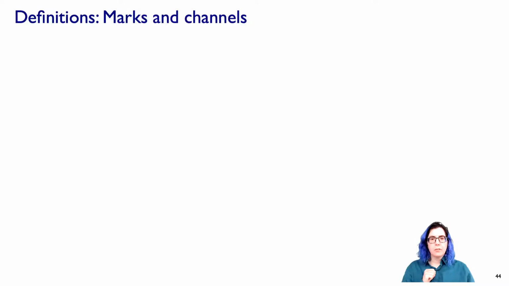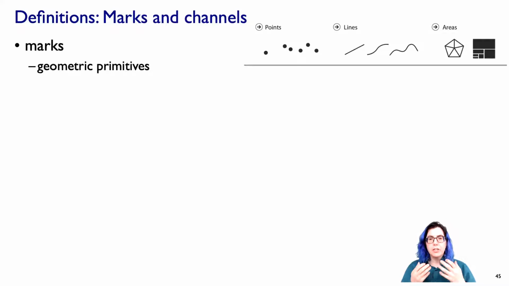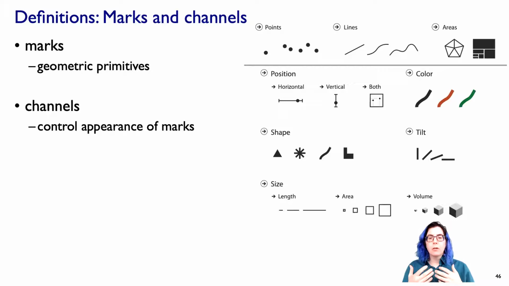Let's start by defining two terms, marks and channels. Marks are geometric primitives that can represent items or nodes or links. We can think of points as a way to represent them, zero-dimensional, lines, one-dimensional, areas, two-dimensional. We could even think of three-dimensional volumes. These are geometric primitives that can carry information through what we're going to call visual channels that control their appearance.